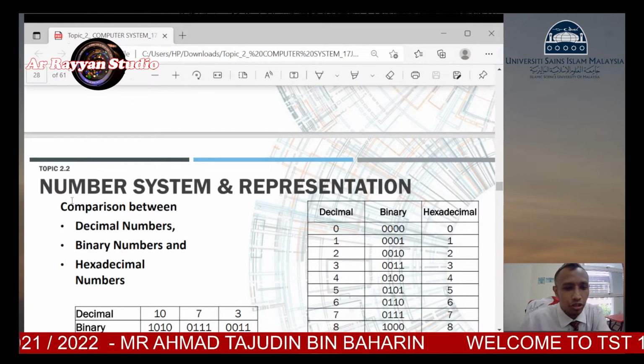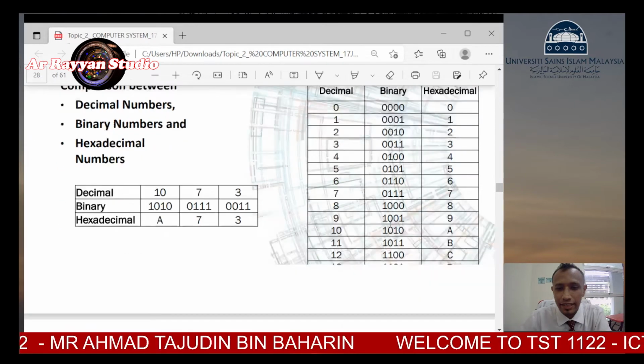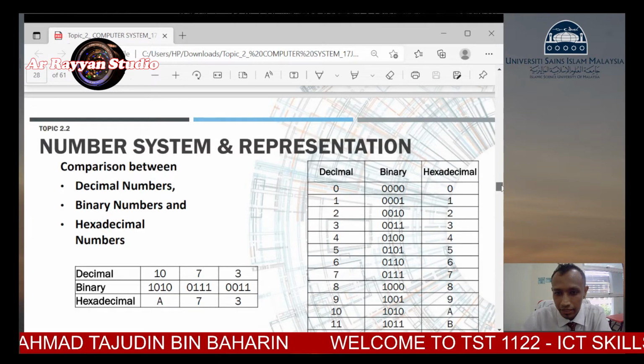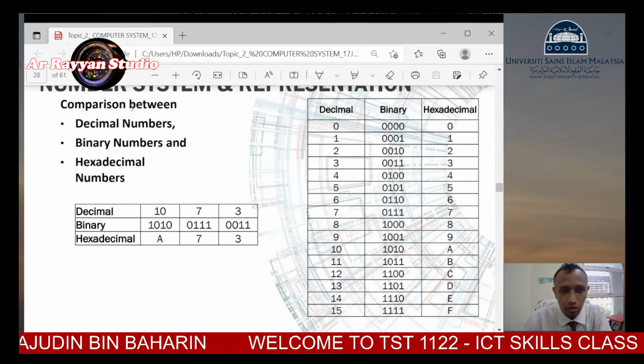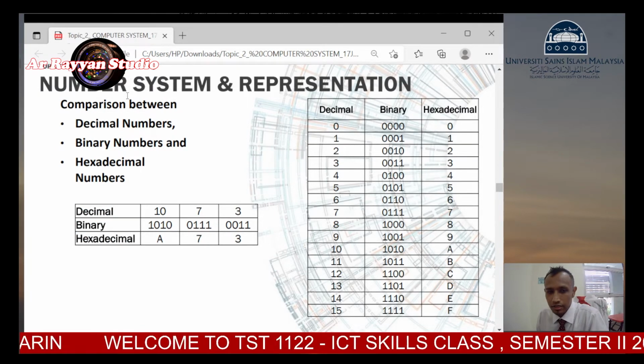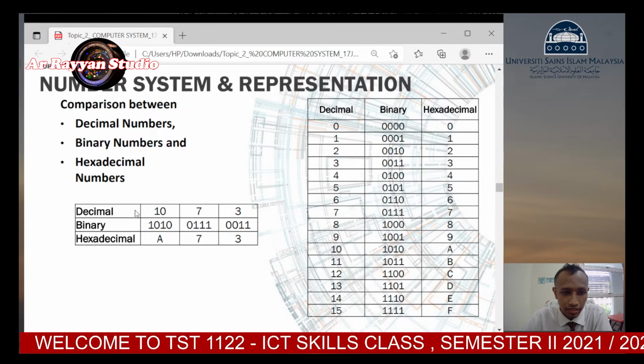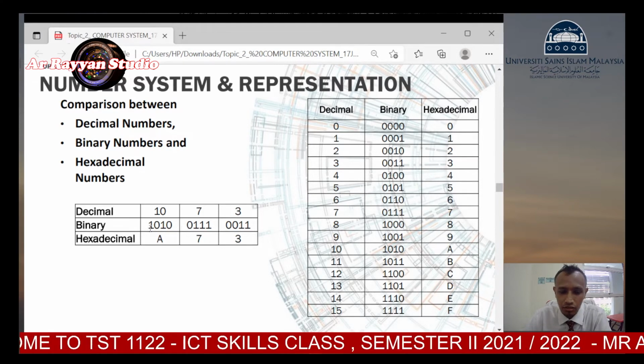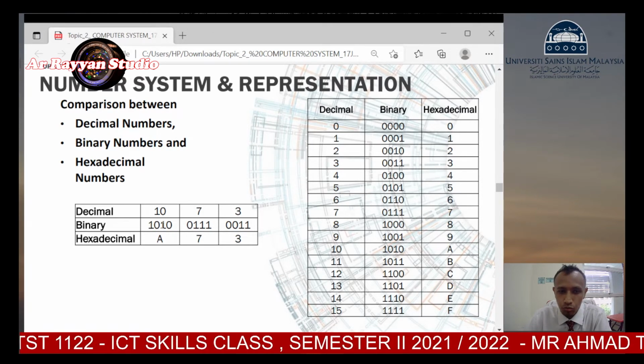Alright, so look at on the table there. Okay, nampak tak table ni? Okay, the comparison between decimal number, binary numbers and hexadecimal numbers. So we have here decimal 10. So dalam binary kita represent 10 adalah 1010.